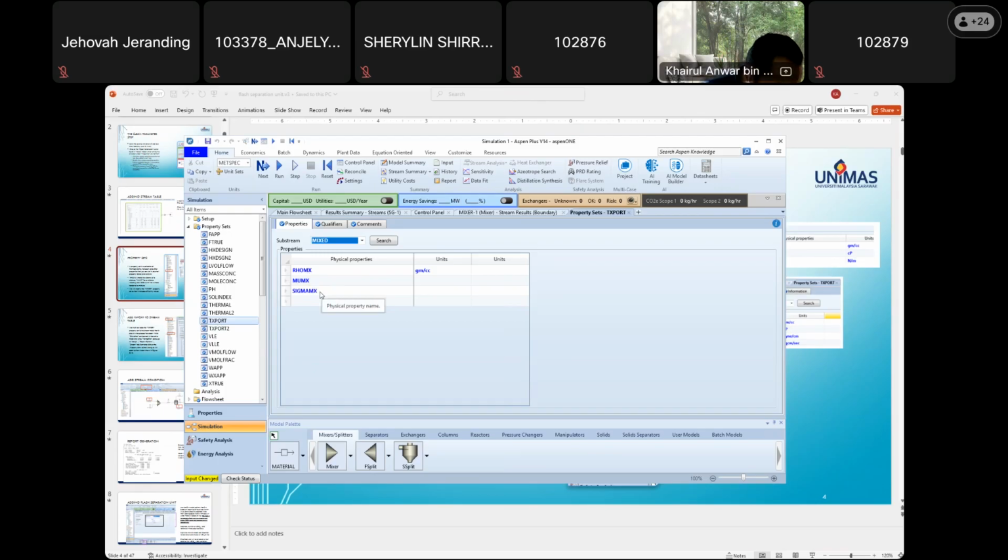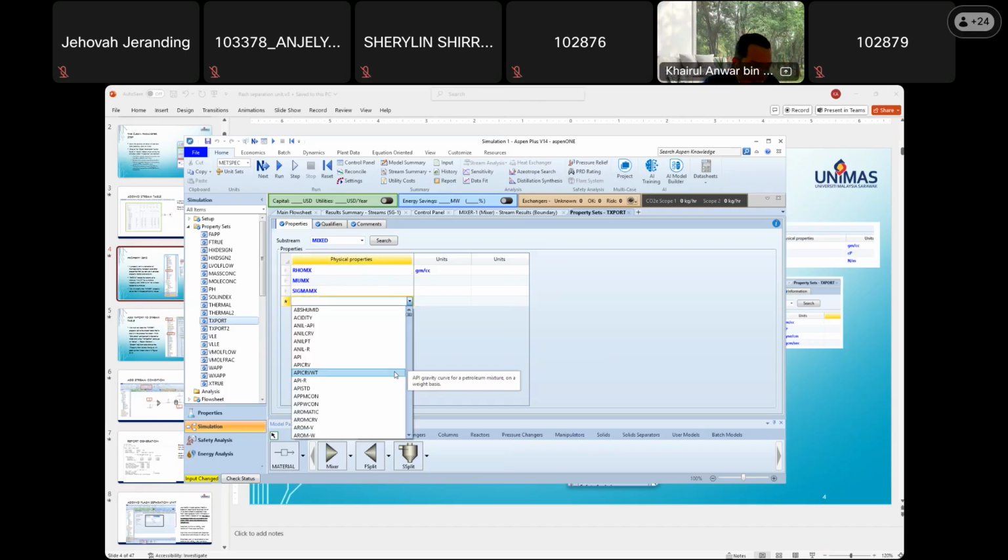The task is to include this diffusivity value for the mixture. This is dmx.